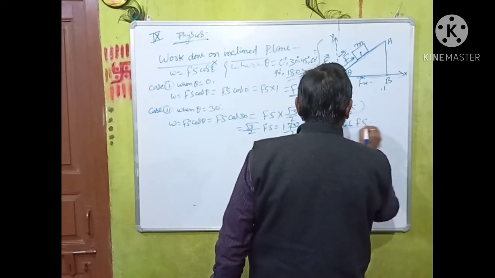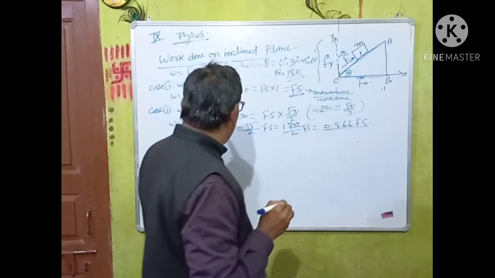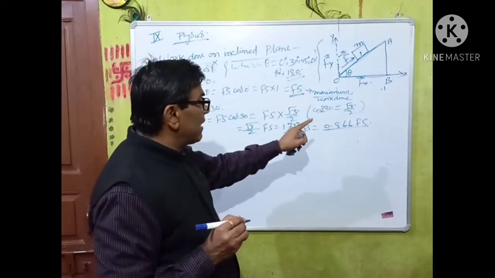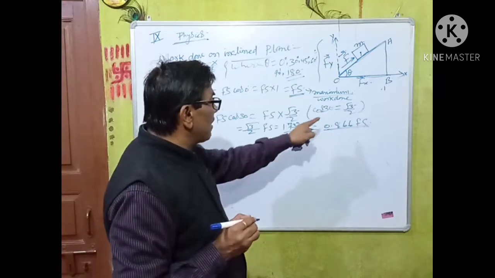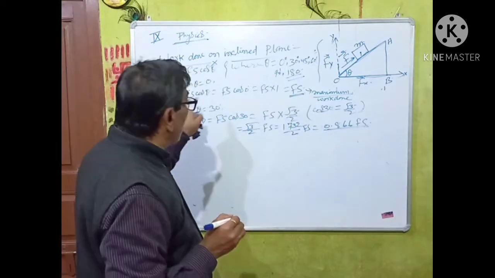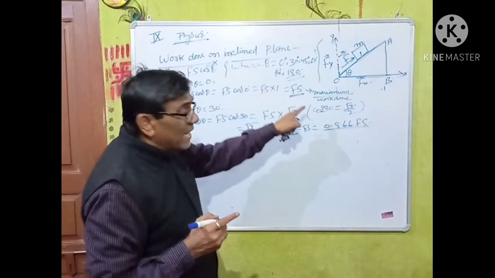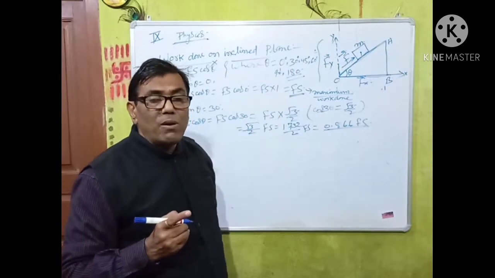So the work done at angle 30 degree decreases, its value is less than in the first case. But in both cases we get positive work done.